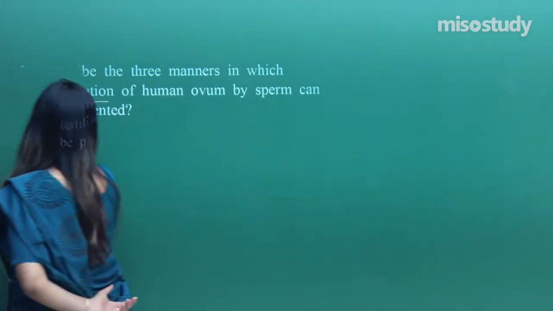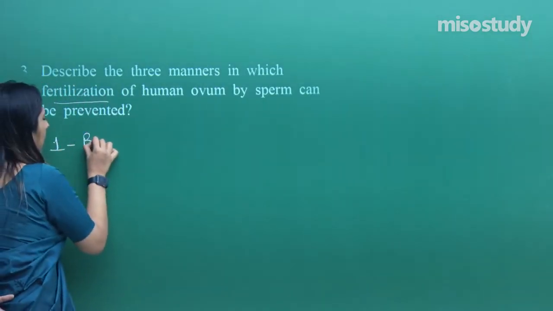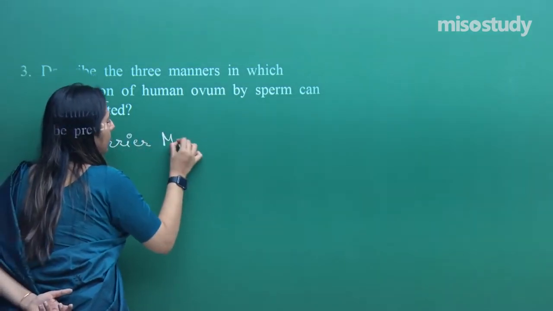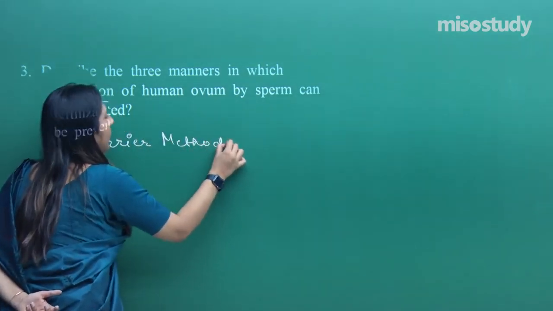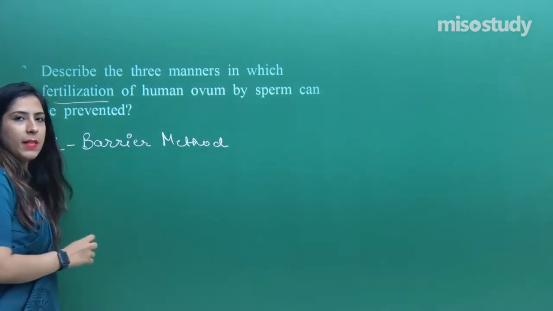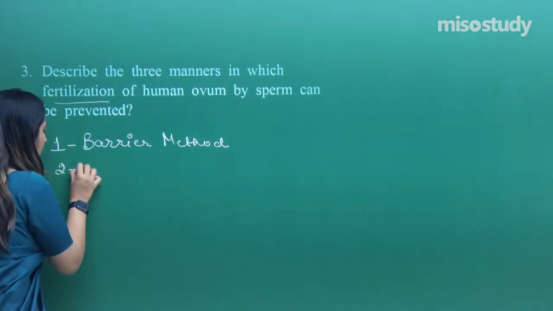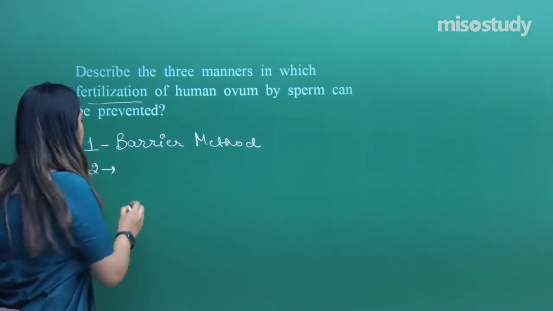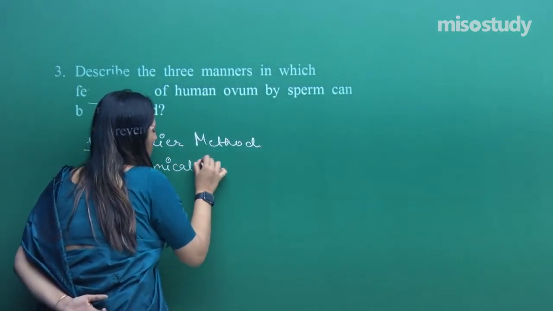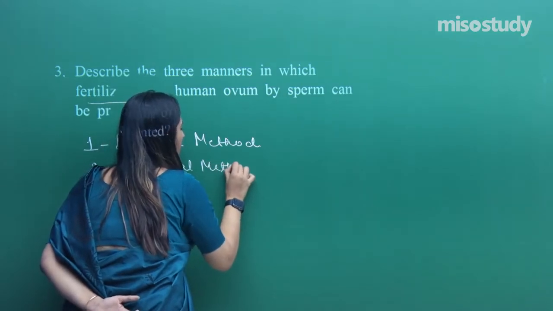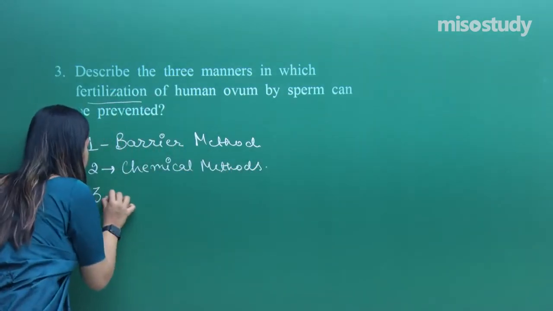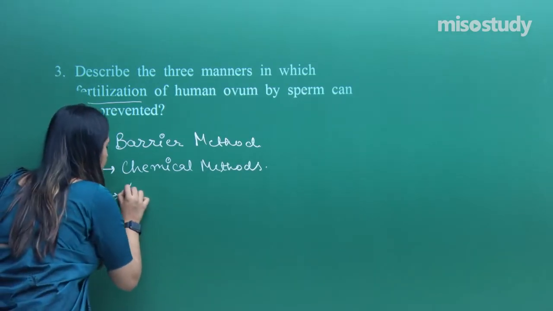The first method which we will be talking about is the barrier method, right? Second, in this case, could be certain chemical methods. Right students? And third, we have certain intrauterine devices.